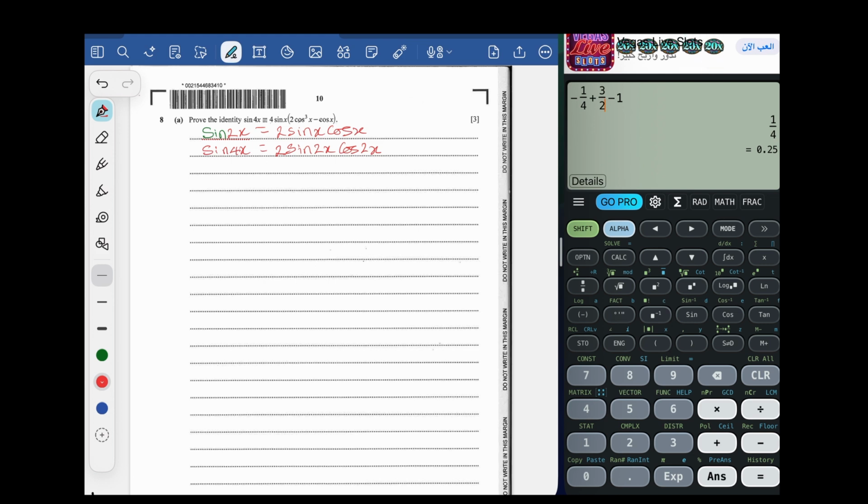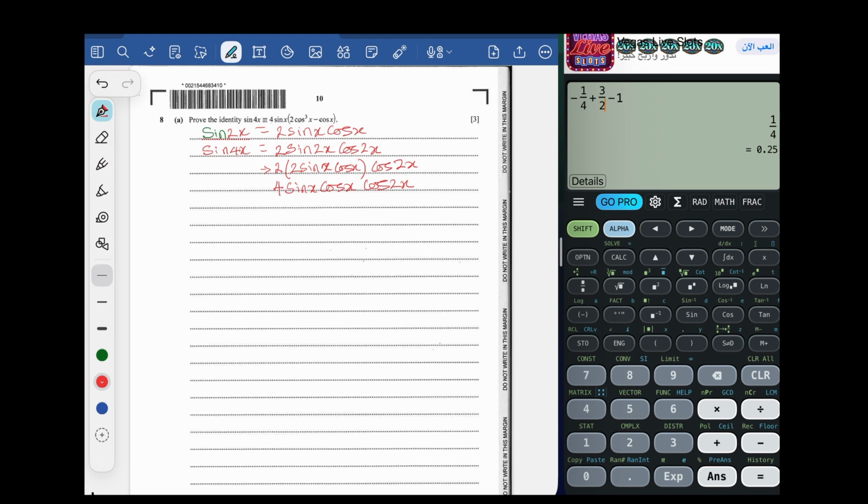So from here, I can do 2 sine 2x, which is 2 sine x cos x, times cos 2x. So this is 4 sine x cos x cos 2x. And what is cos 2x? Cos 2x you should know.